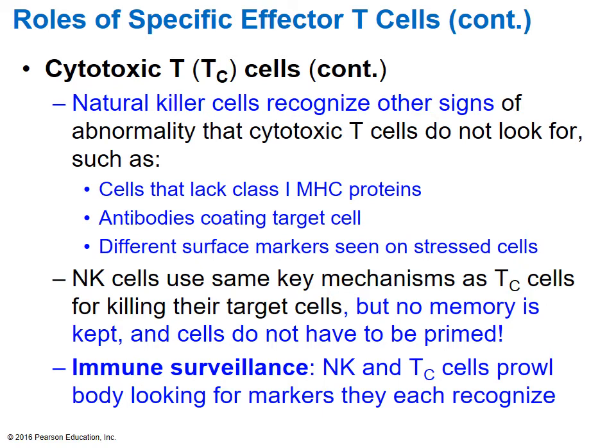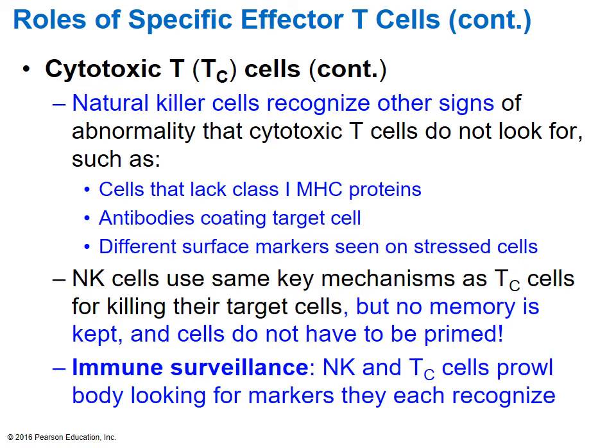Whereas your cytotoxic T cell is part of your adaptive immune system. So it will remember, and it will also have a faster response the next time it becomes exposed to that same antigen. Cells that are part of our innate system, like our natural killer cells, will always have the same response. Their response will not be quickened or amplified because they don't keep a memory of what's occurring.